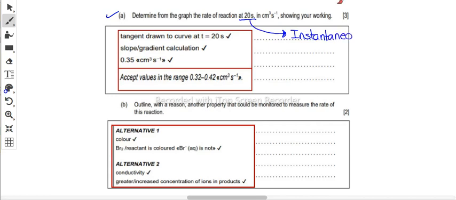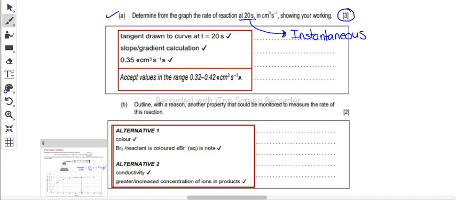So they specify the time and ask to show your work, and there are 3 marks here. If the question is asking to show your work, definitely there is a mark on drawing your tangent. So let's go back to the graph.